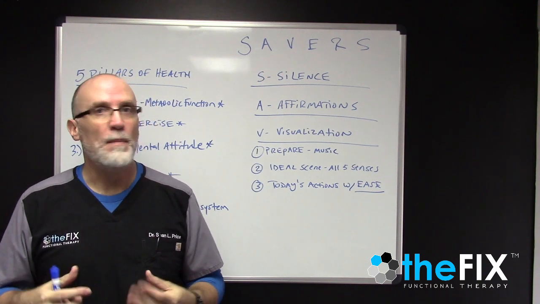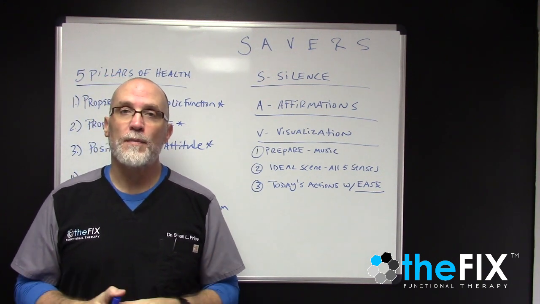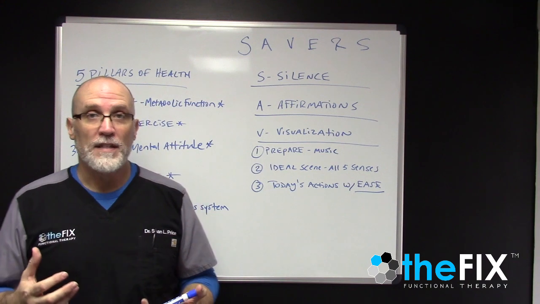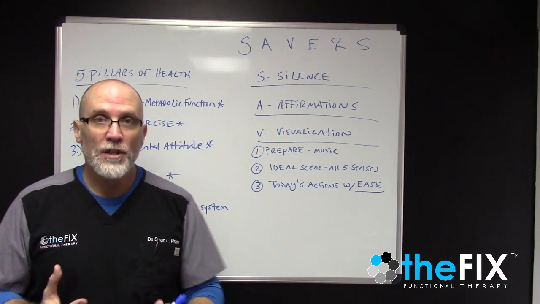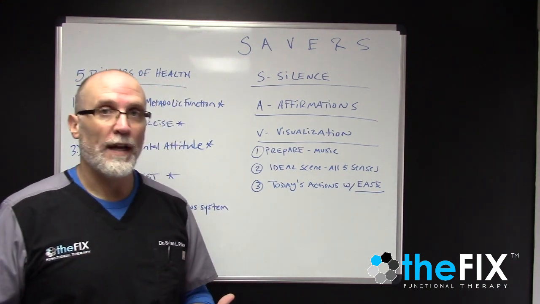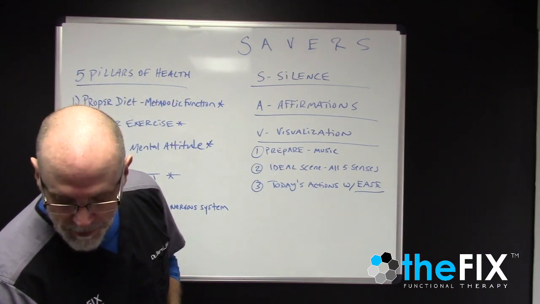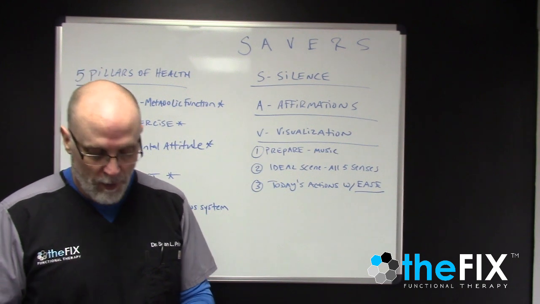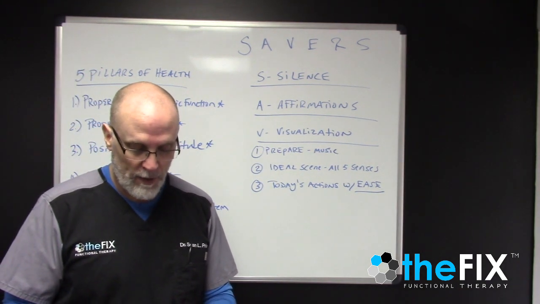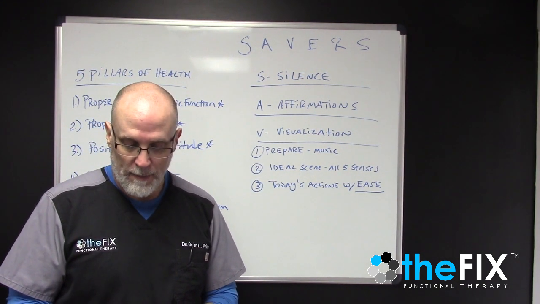It's called mirror neurons in the nervous system, and they've actually done studies on this, and they're finding neurologically what's going on with this. But when you visualize, the brain can't necessarily tell the difference between what is real and what is imagined.